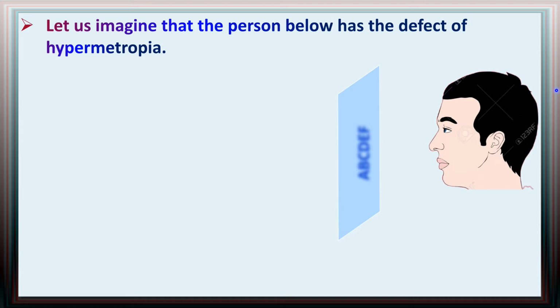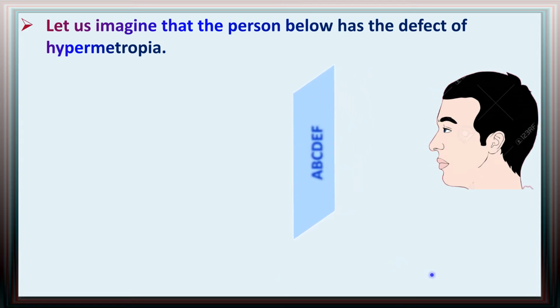In his case, the near point has been shifted from L to several centimeters. That means now I will move this sheet of paper slowly away from his eyes until he can see the printed letters clearly. At that position he has the near point.